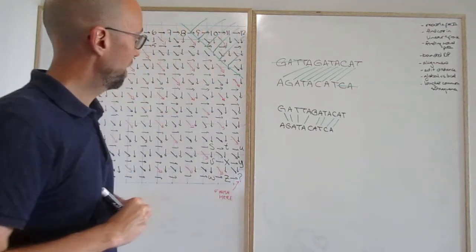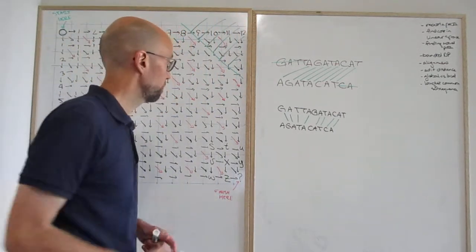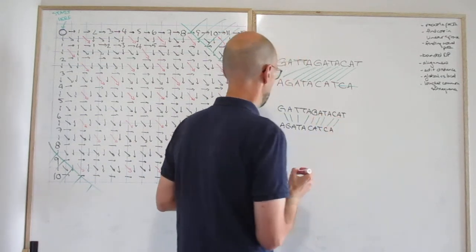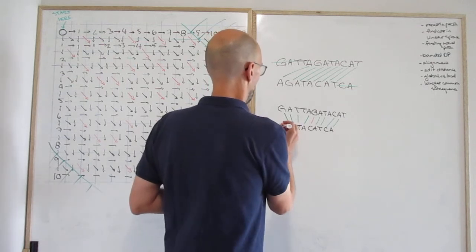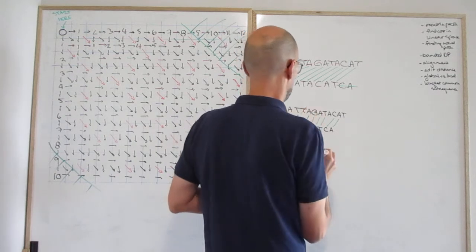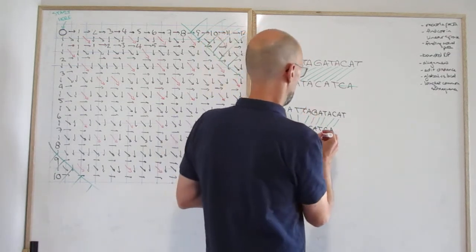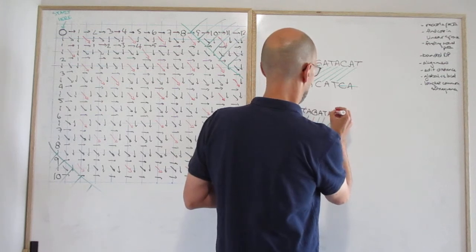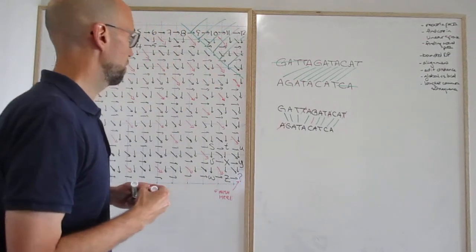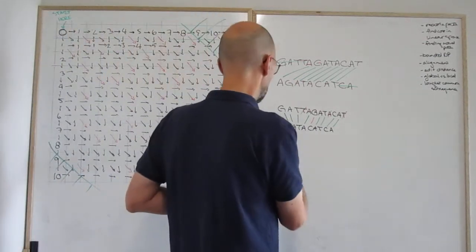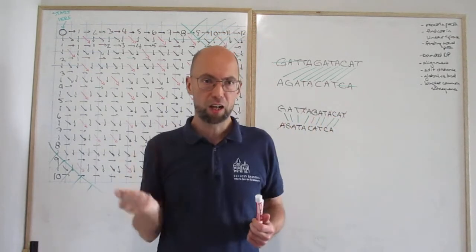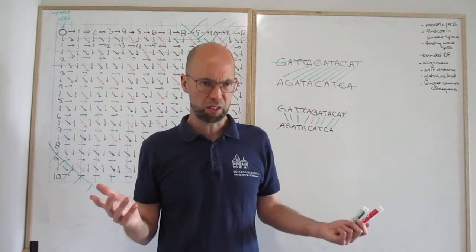Okay, so now I have one mismatch, and I have one deletion, I have one insertion, and then I have a deletion here and a deletion here. Okay, so that costs me, is this right? This costs me 1, 2, 3, 4, 5. Ha! Better, maybe, if I've done this correctly.